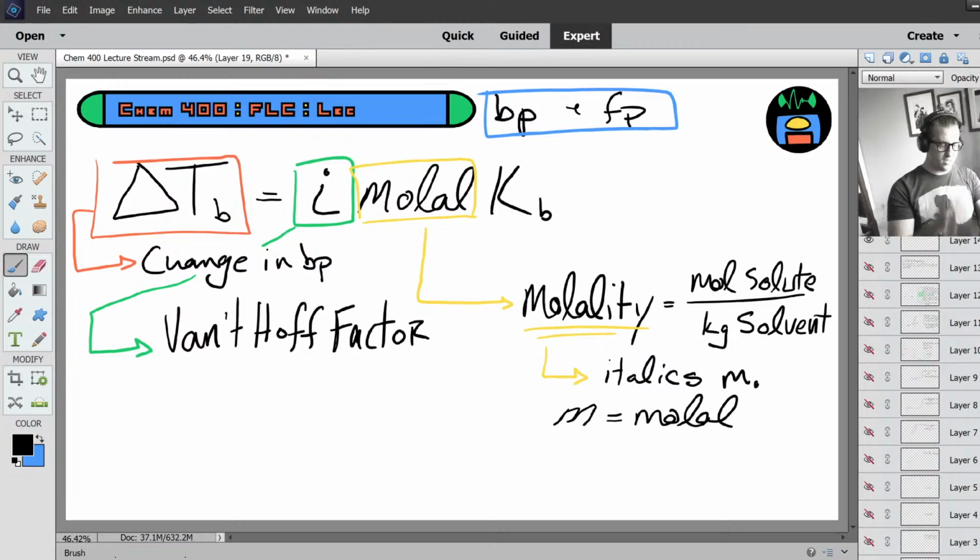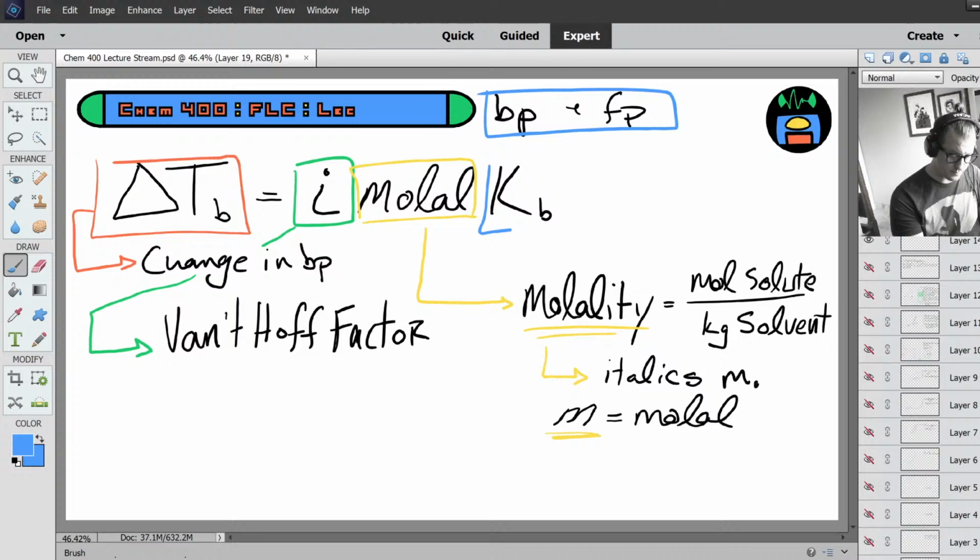In lecture, I'm just going to write molal out, mostly because my ability to write in italics is almost non-existent, and I don't want you to think I'm writing mass when I'm actually dealing with molality. In your textbook, it'll be written as an italicized m. It's very subtle and easy to miss, so don't think that it's mass. It's actually molality, which is moles of solute over kilograms of solvent.